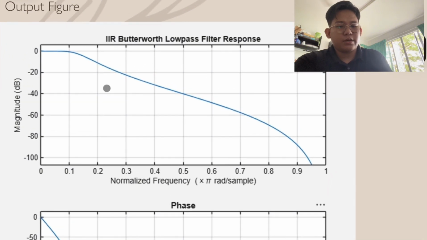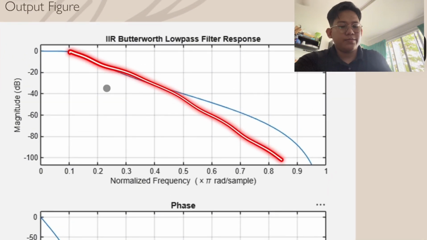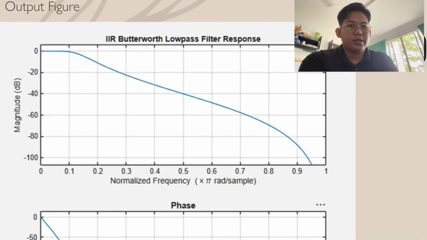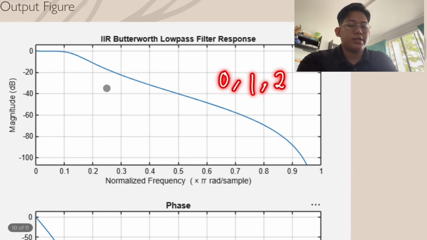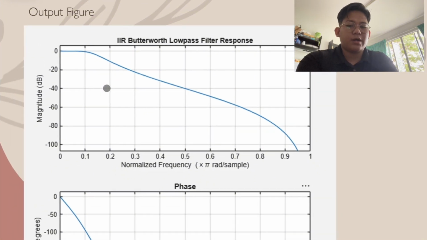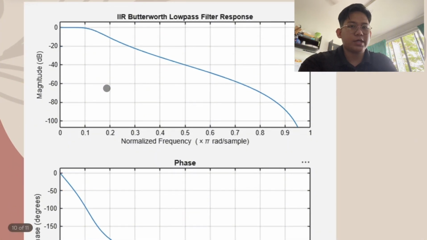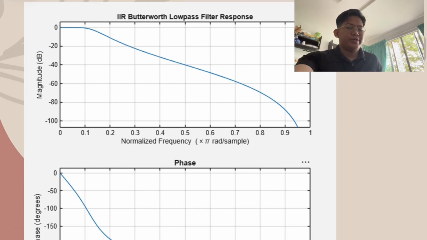This is for magnitude, and this is for phase. So for the magnitude, it will become like this because n is increasing from 0 to 1 to 2. This is the characteristic of an IIR Butterworth low-pass filter response, because as the frequency is increasing, the magnitude is decreasing.